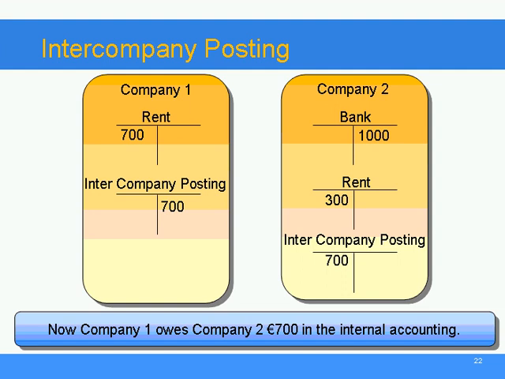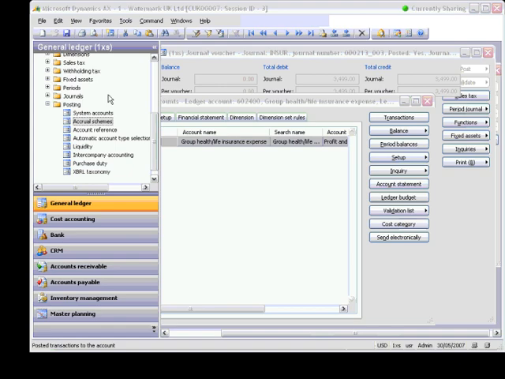So now let me show the posting relationship. And now I'm going to show exercise 5.1. I open my Dynamics AX4.